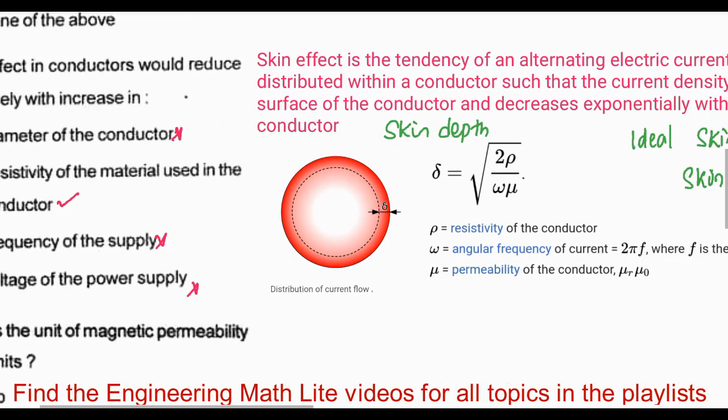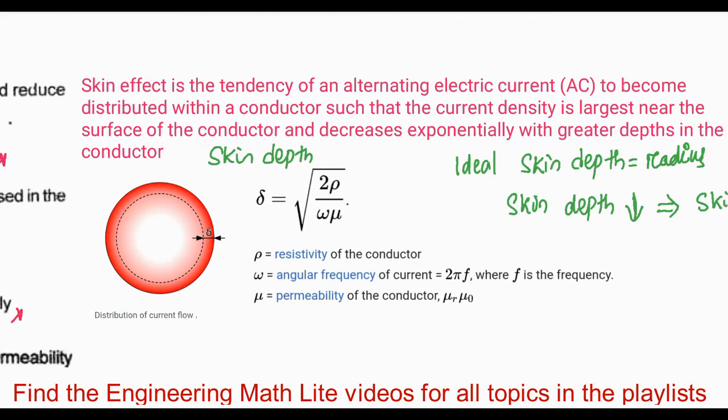What is skin effect first? Skin effect is the tendency of an alternating electric current to become distributed within a conductor such that the current density is largest near the surface of the conductor, and it decreases exponentially with greater depth in the conductor.